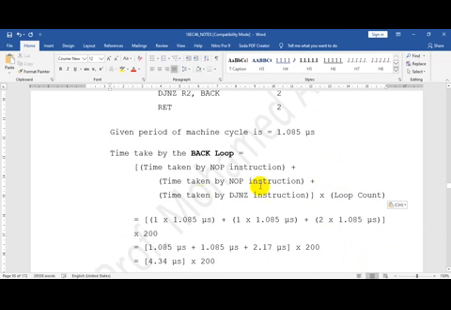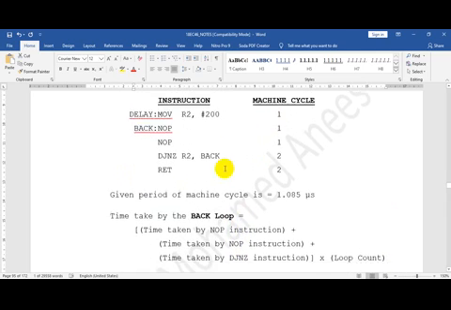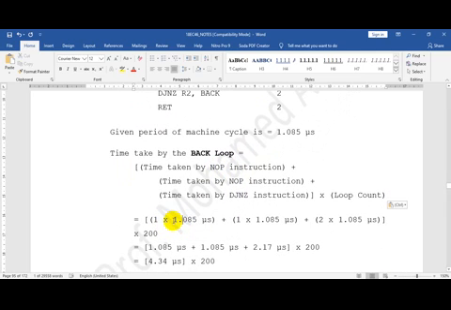What is the time taken by the NOP instruction? It is equal to 1 machine cycle, so 1 into the count value, that is 1.085, plus the time taken by the second NOP instruction, 1 into 1.085.